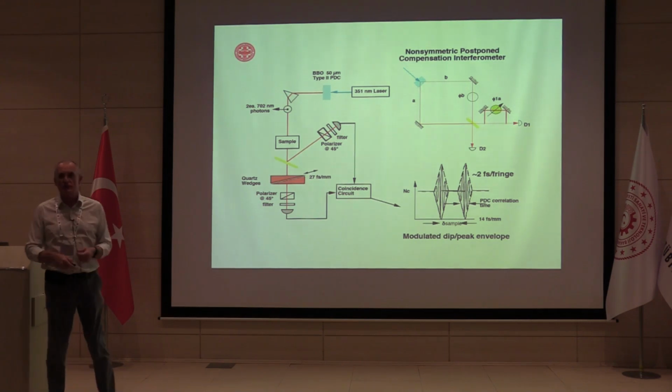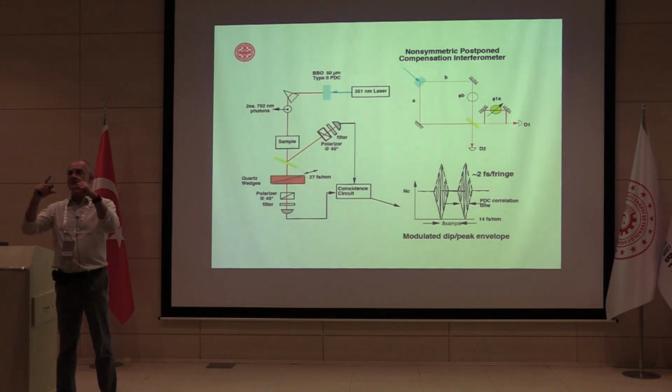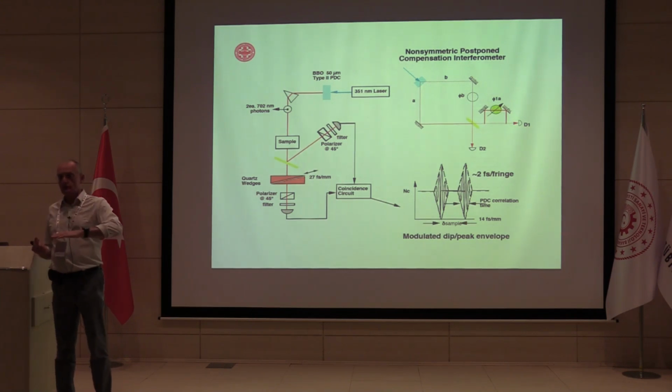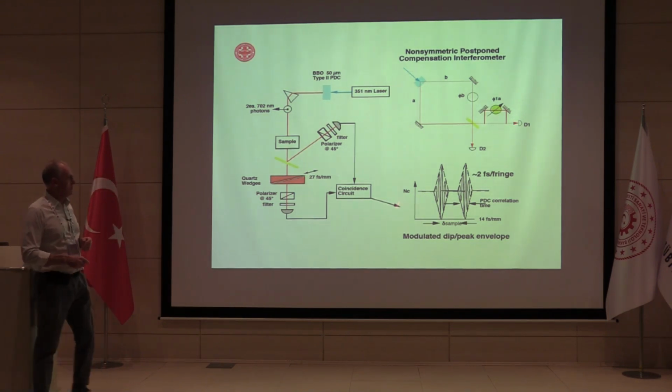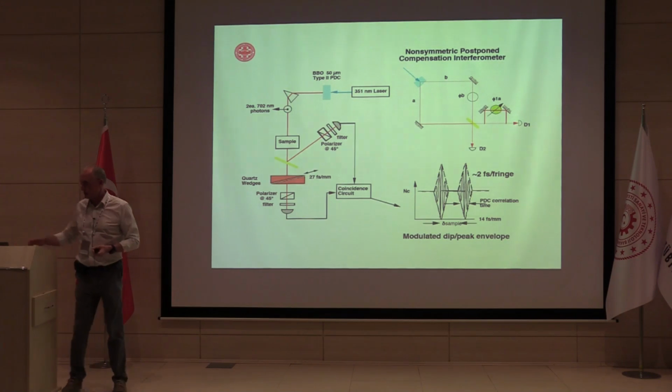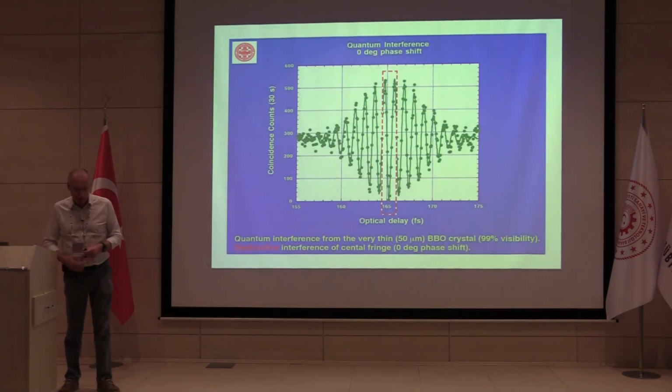So it's a fourth order of the field, or intensity times intensity. It's an intensity correlation. So we are moving from the second order to the fourth order correlation in the field, and that's why we can measure the group and phase velocity simultaneously in one experiment.